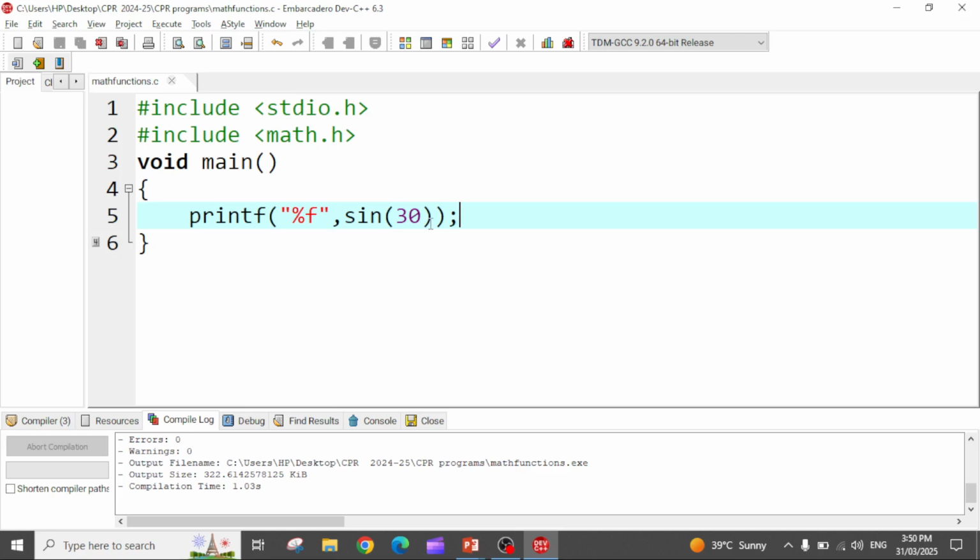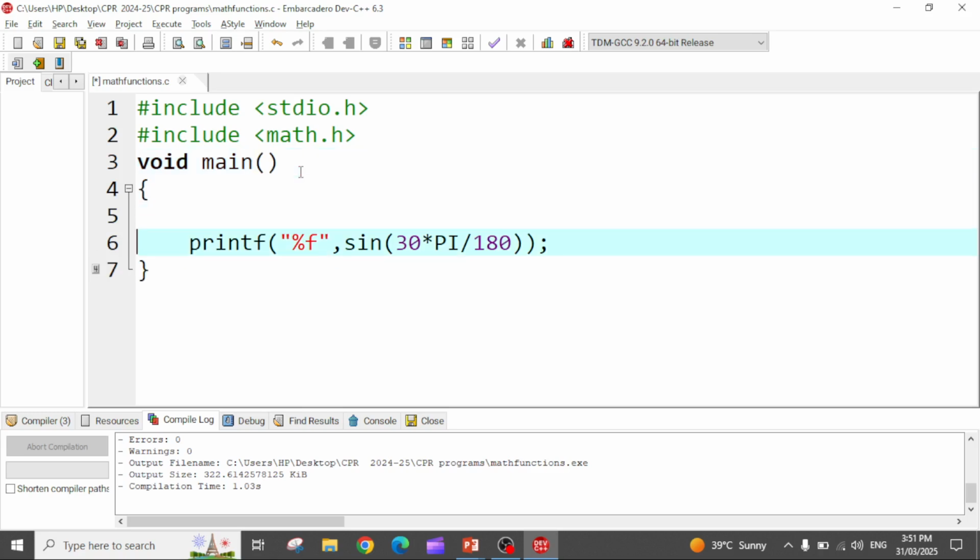Now what if the angle is entered in degrees instead of radians? In that case, what do I have to do? I have to multiply it by pi by 180. So this will convert the degree into radian. For that purpose, I have to have one declaration at the top, which is a constant of double data type.